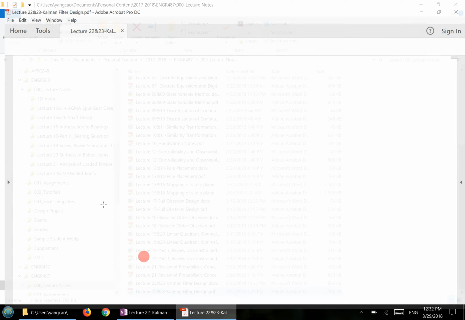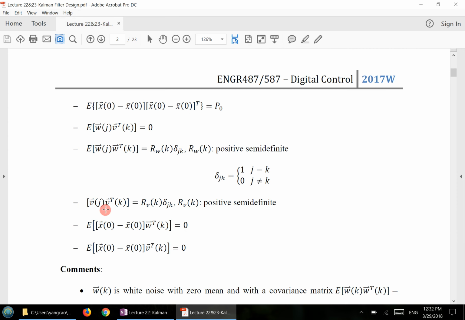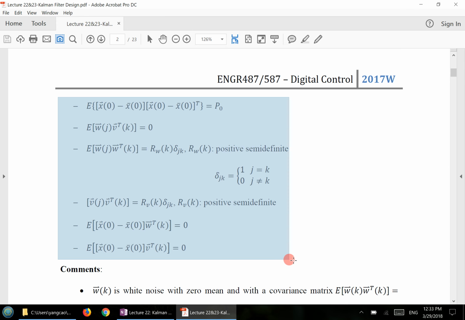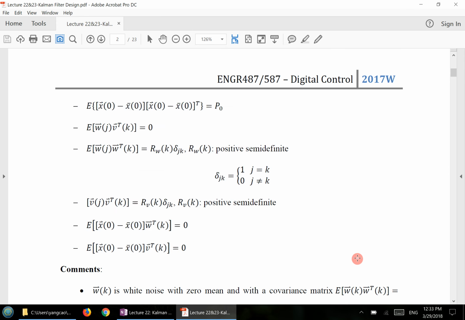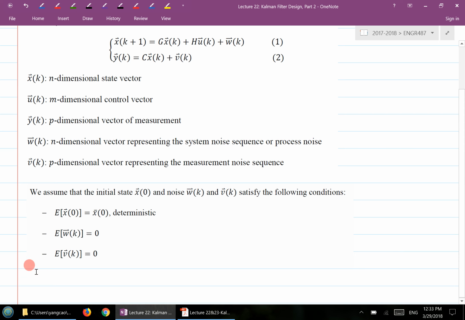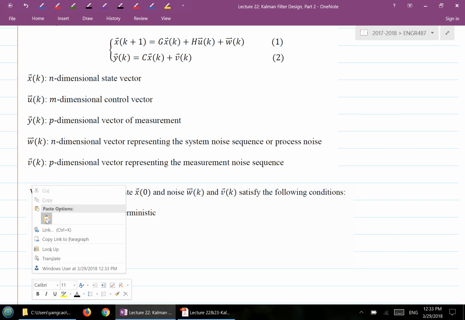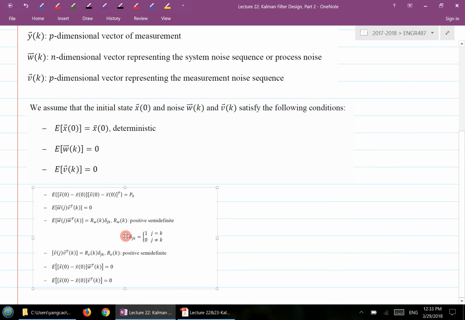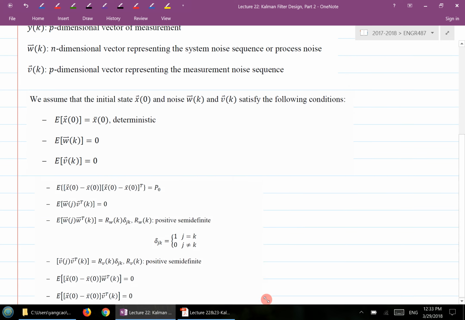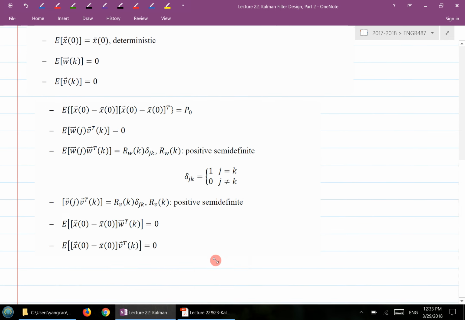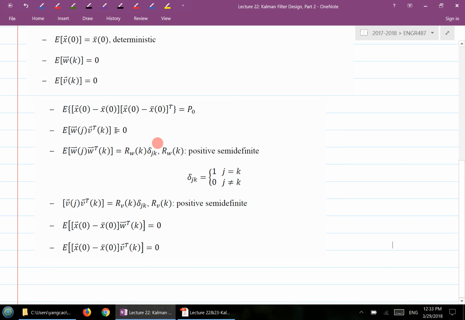At the same time, because they are white noise, they are independent, and based on the actual noise property, we can define the covariance matrix, basically the variance of noise. So those are some of the properties I listed in the previous lecture. Let's continue from here.